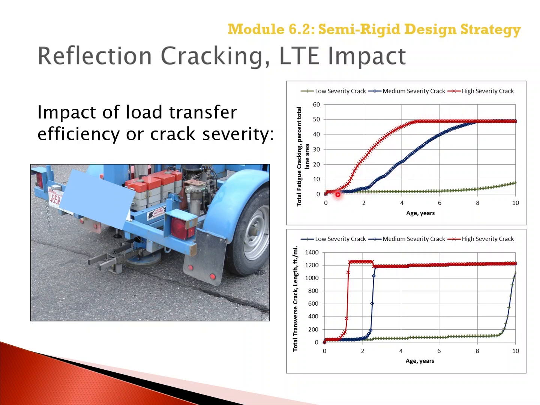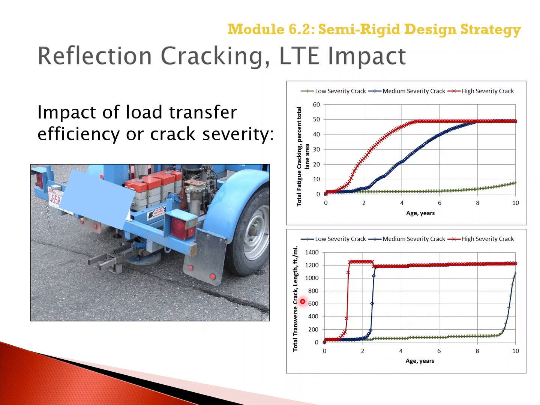And then the red is a high severity crack, which has a low transfer efficiency of less than 40%. And so you can see that for the reflection of fatigue cracking, load transfer efficiency is extremely important on the time it takes for those fatigue cracks to reflect through the asphalt surfaces.